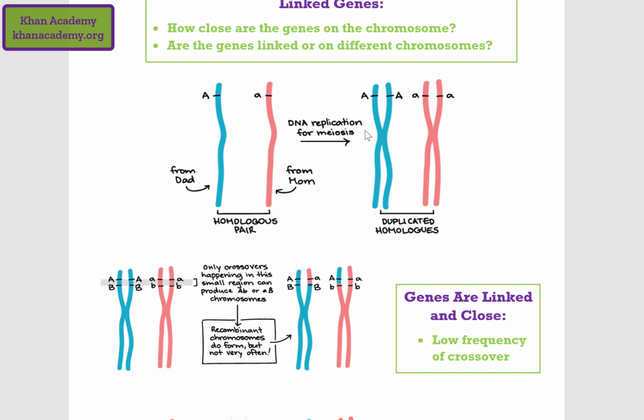When it's time for your cell to divide, or if this is a homologous pair in a germ cell, and germ cells undergo meiosis to make your gametes, then when the cell enters into meiosis, once it gets the signal to enter into meiosis, the cell will move from G1 into the S phase. There will be a replication of all of the DNA.